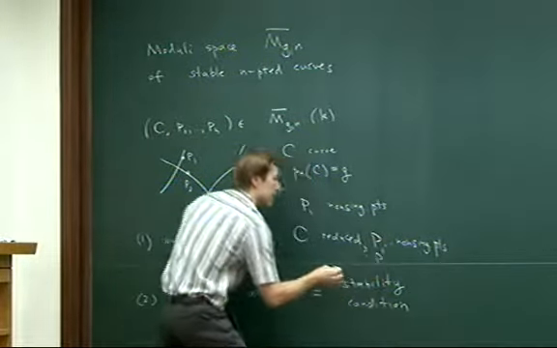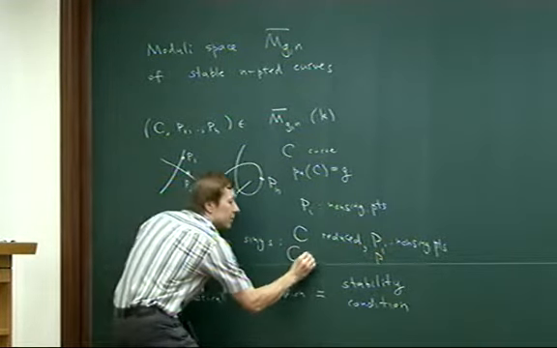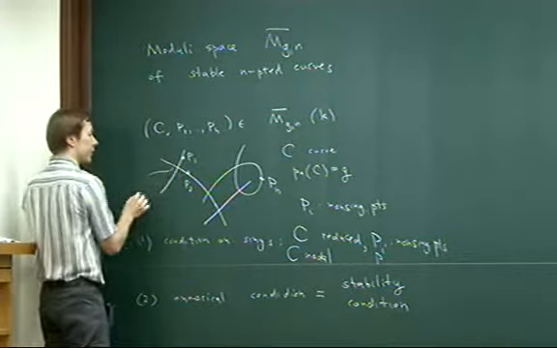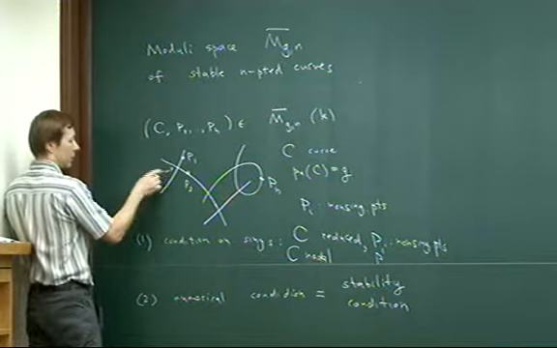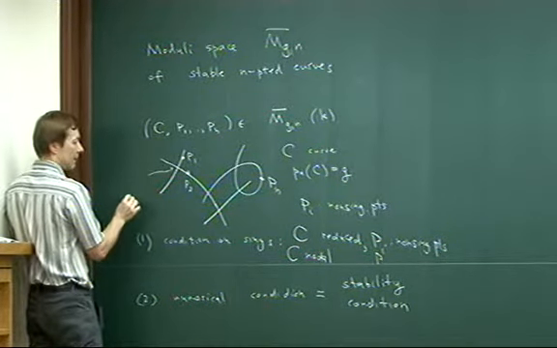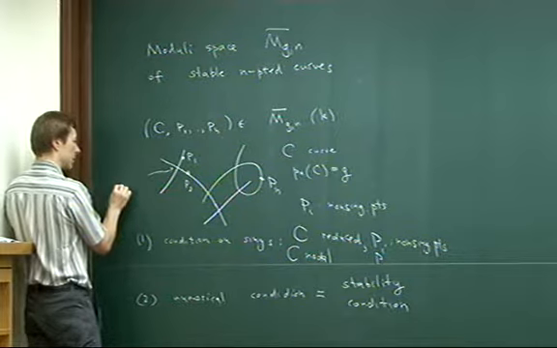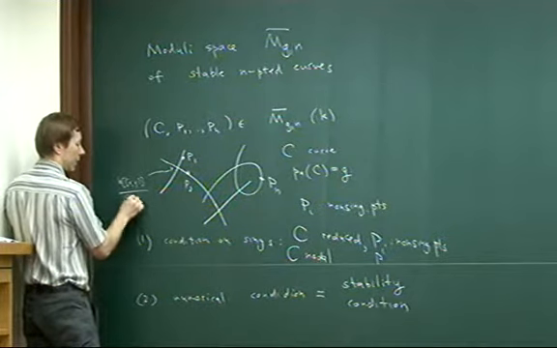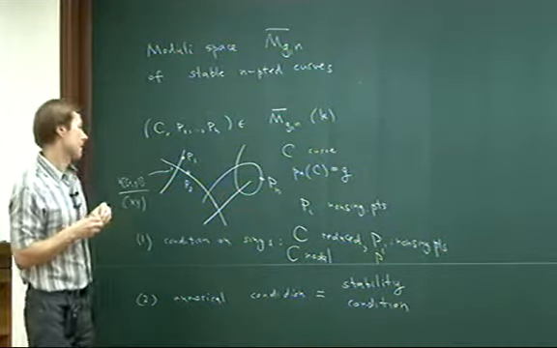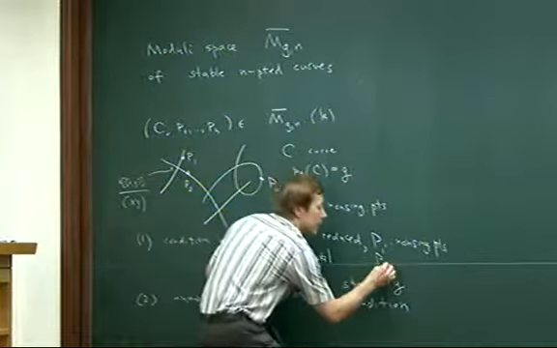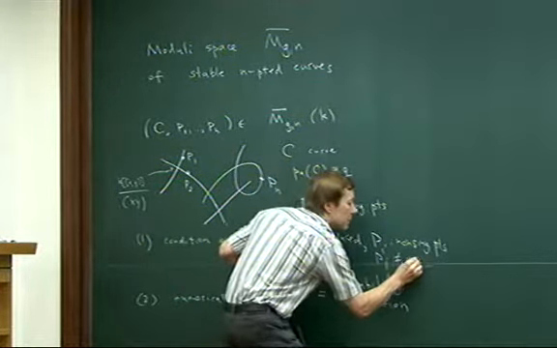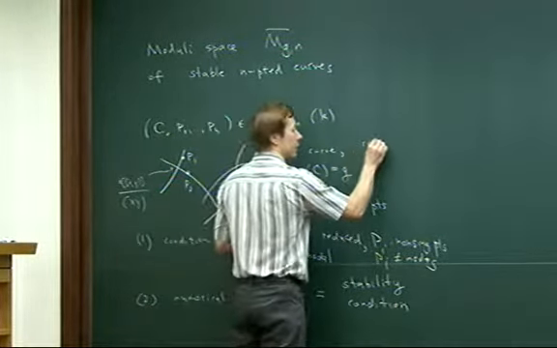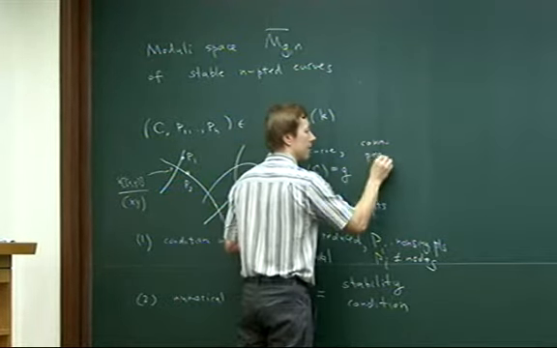C is nodal at worst, so it may have singularities, but locally there are just ordinary nodes, so given by an equation just xy equals 0, and so the P_i are not the nodes. The curve also has to be connected and projective.